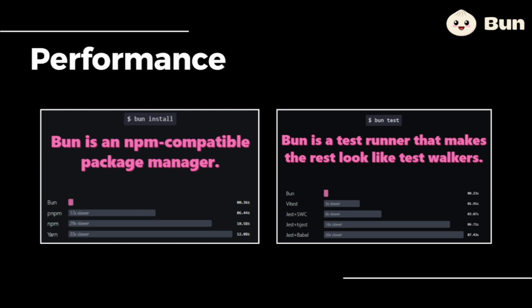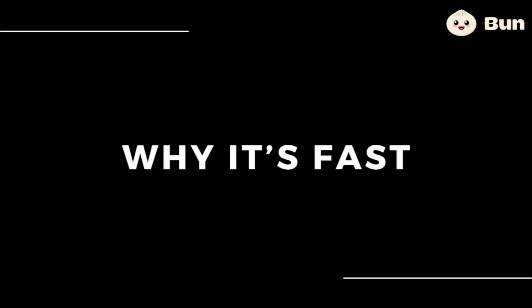All of this information I got from the Bun official website, so you can see the benchmark on the website. Okay, at this point, we know that Bun is a lot faster than the other runtimes, but why is it fast? You would wonder.